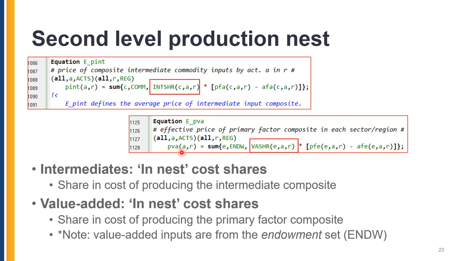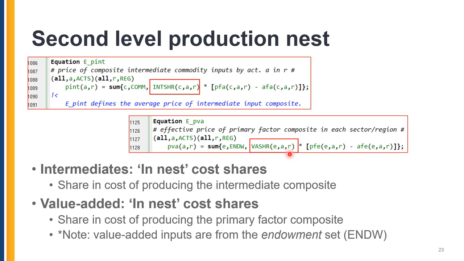Same thing happens with the value added. Here we'll call it the value added share, and those are the cost shares of primary factors in creating the value added composite input that travels forward into the upper level nest. I do just want to note, as a reminder to myself, that value added inputs are from the set E and DW, and so we see the summation here over the index E, the controlling set ENDW.